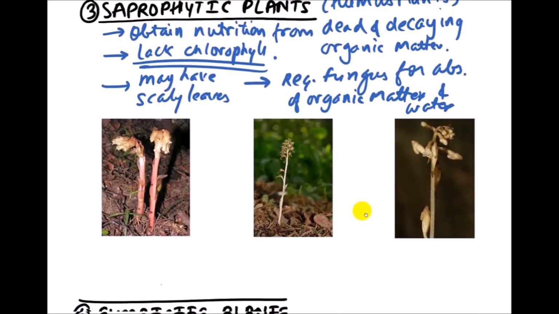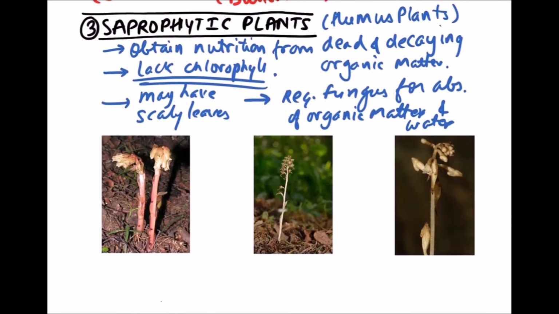Now the common examples of such plants are Monotropa, which is also known as Indian pipe.